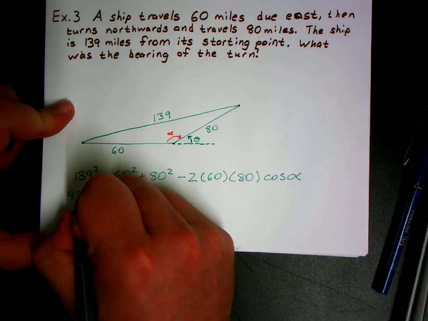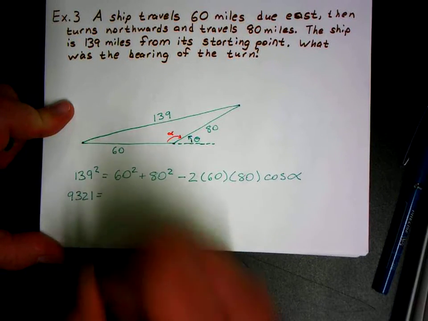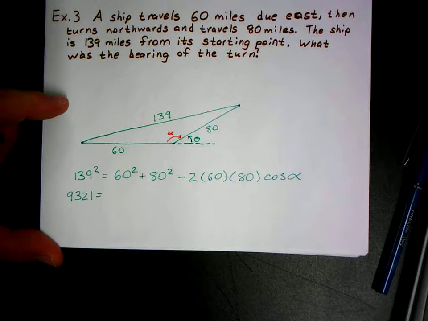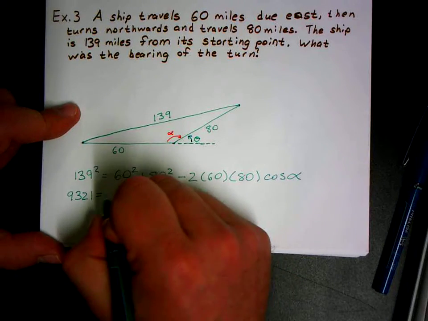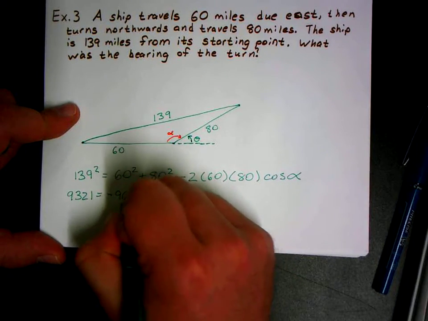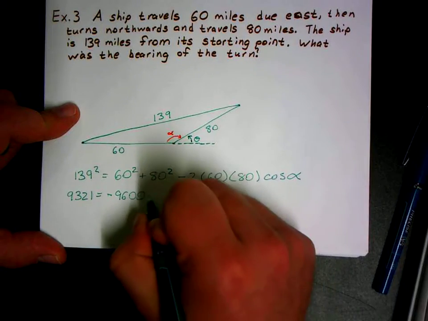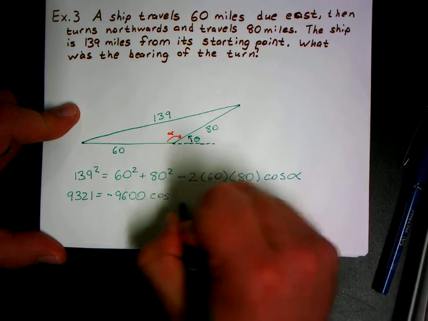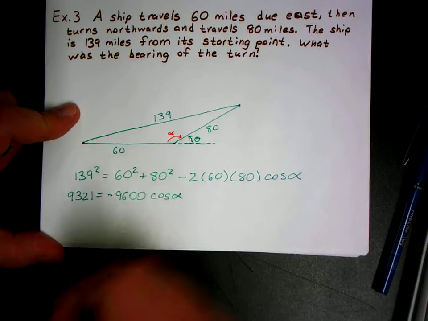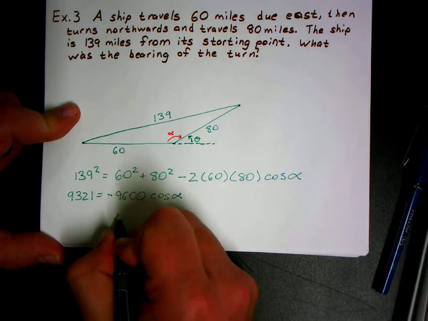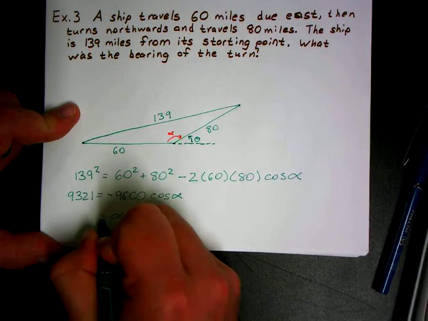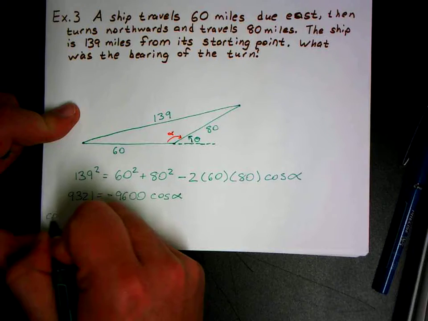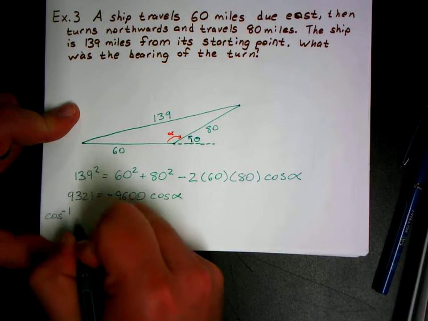So 9,321 equals, see, 60 times 80 times 2. It's going to be negative 9,600. So I'm running out of space, so I'm going to skip a little bit of the algebra here.